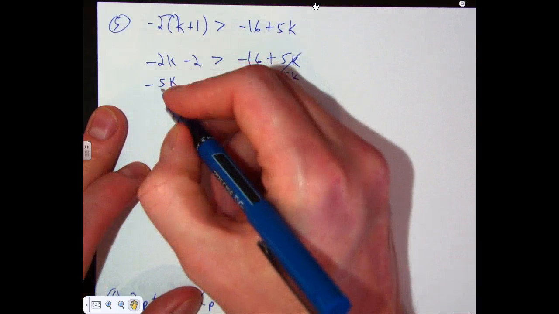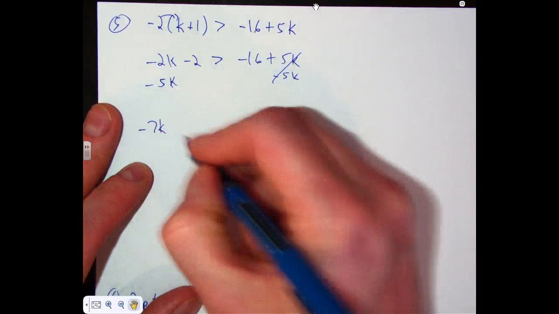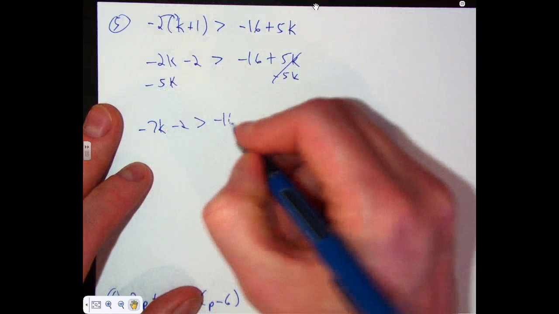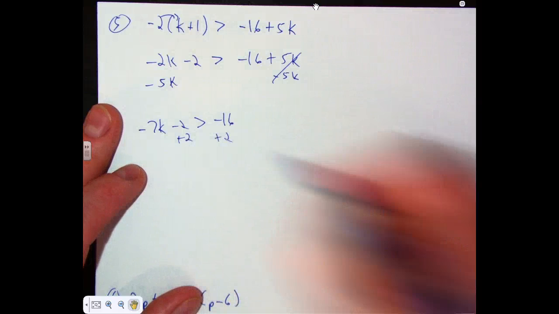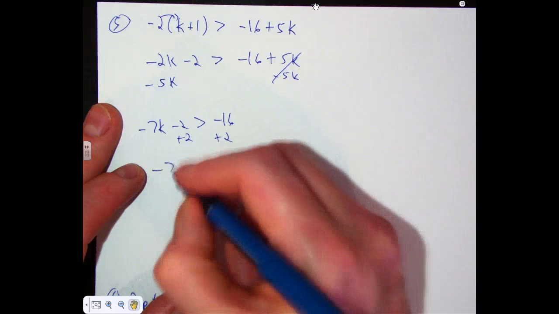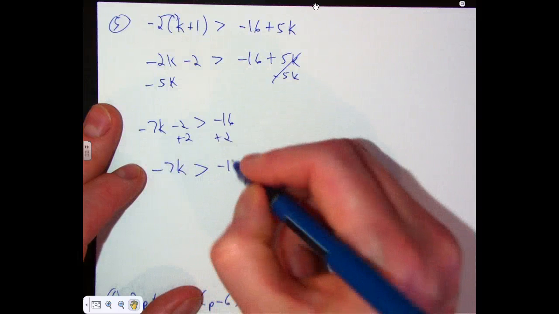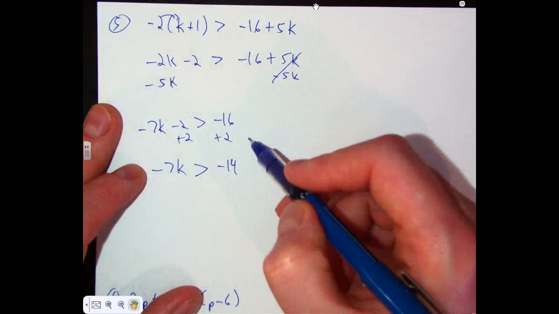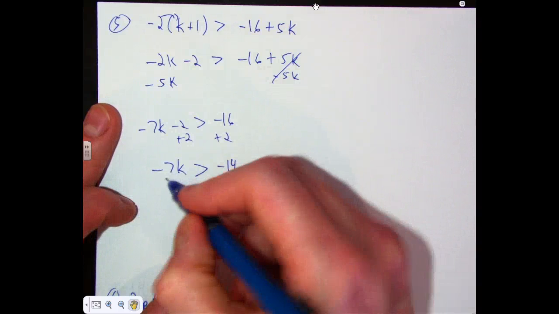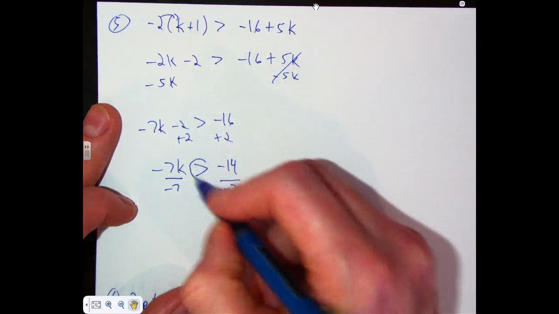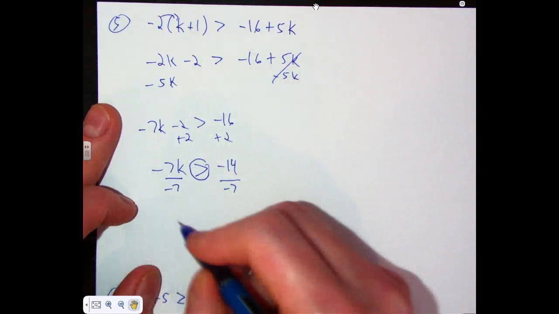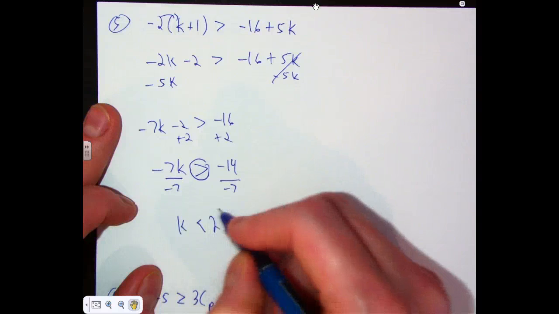So negative 2k minus 5k is negative 7k minus 2, which is greater than negative 16. Now to get rid of that negative 2, add 2. That gives me negative 7k is greater than negative 14, because negative 16 plus 2 is negative 14. And now I'm going to divide both sides by a negative, which means this has to be flipped, and k is less than 2.